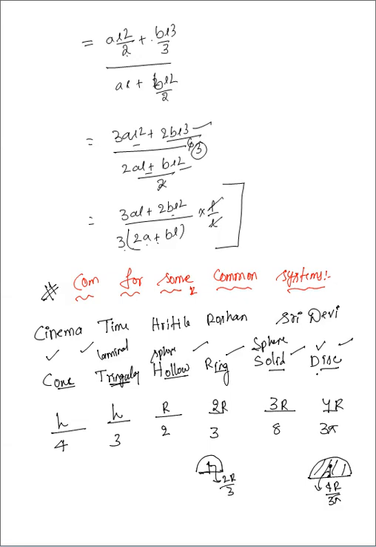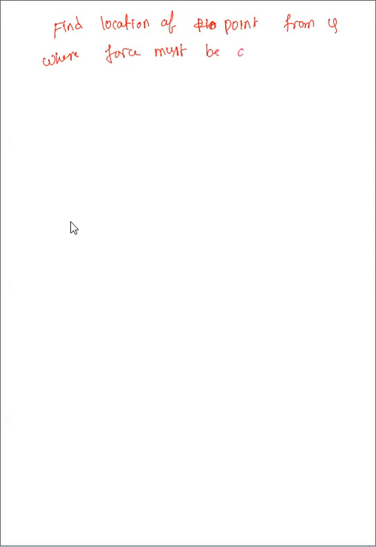Let me see based on this how they can ask numericals. Let me change the slide. They are asking like this: find the location of the point from Q where force must be applied to produce only translation motion.